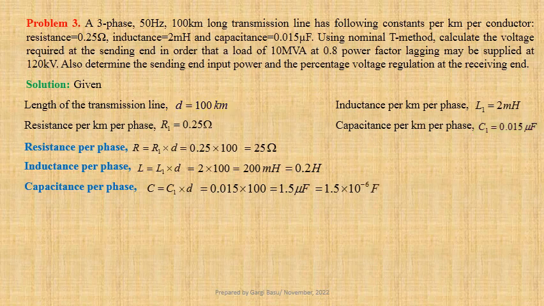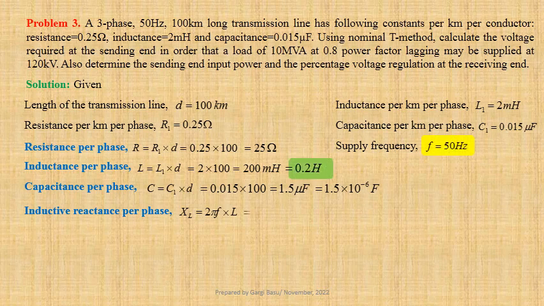Now we shall calculate inductive reactance per phase. XL equals to 2 pi f into L. Given supply frequency f equals to 50 Hz. Therefore, XL equals to 2 pi into 50 into 0.2. That gives us 62.832 ohm.